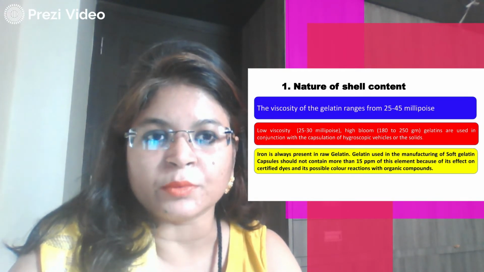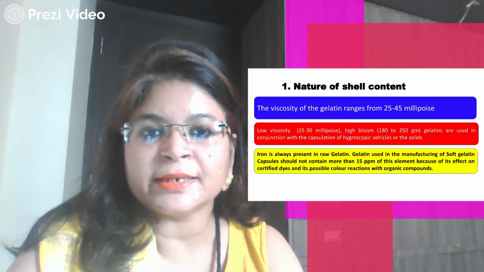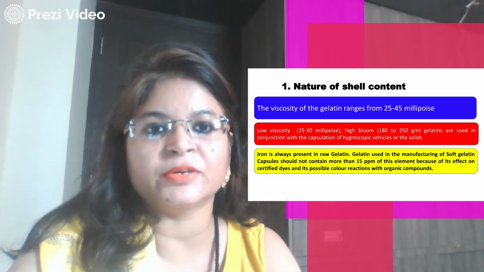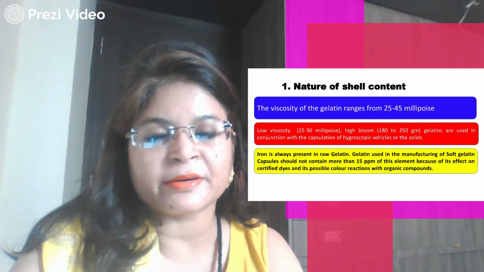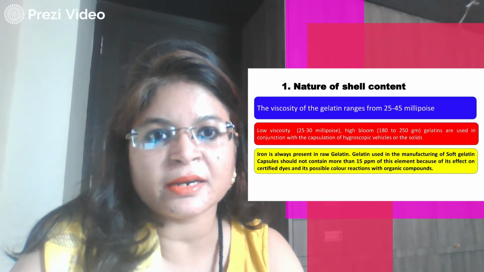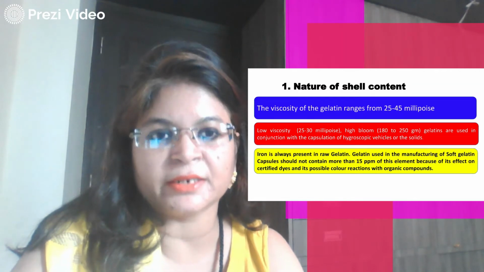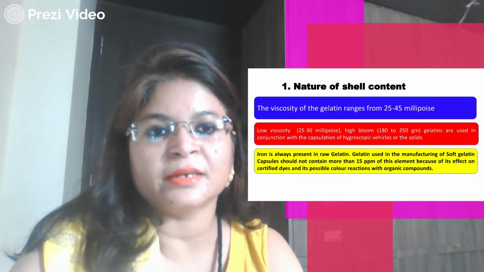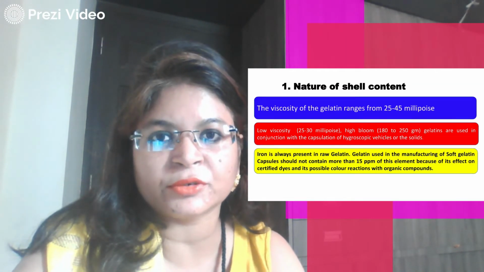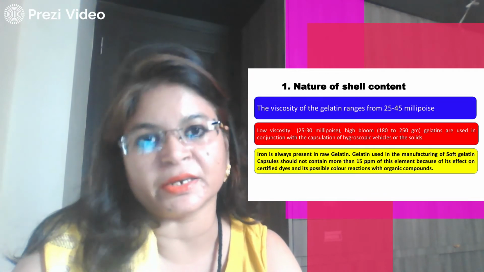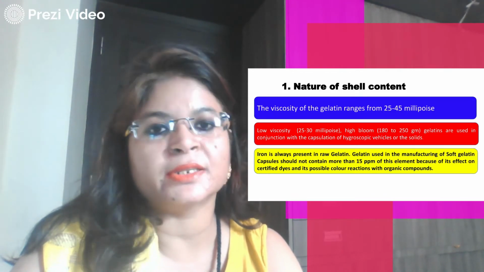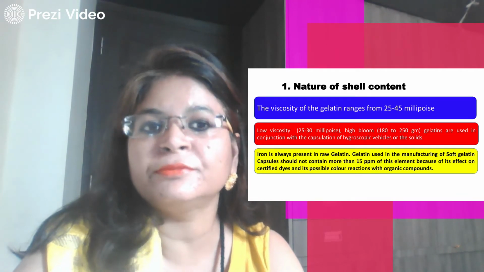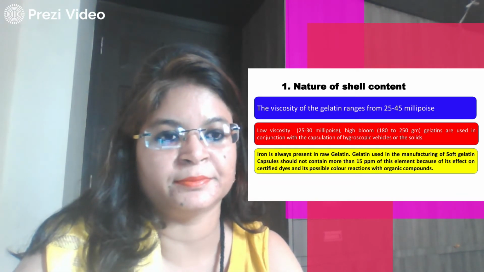It has been found that gelatin containing more iron interacts with the coloring components of the soft gelatin shells and causes a color reaction. So the color found on the soft gelatin capsules was not uniform; it varied. So in order to avoid that issue, it was understood that iron should be below 15 ppm.